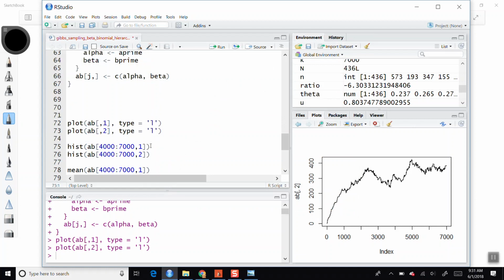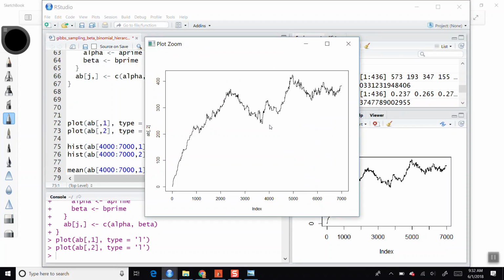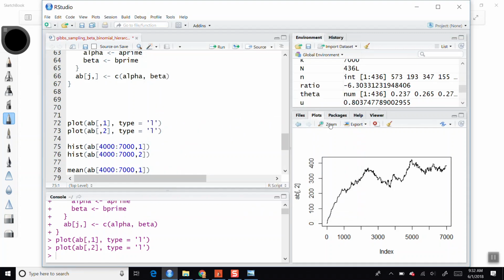We do the same thing for beta, and the graphs look almost the same, except the values truly are different. If you compare these two plots, they look almost the same. The only thing that's changing is the vertical scale. So what's going on there?